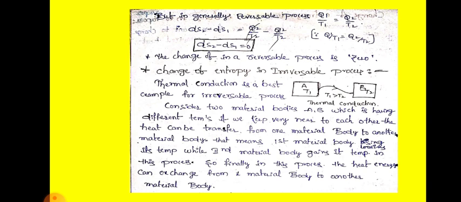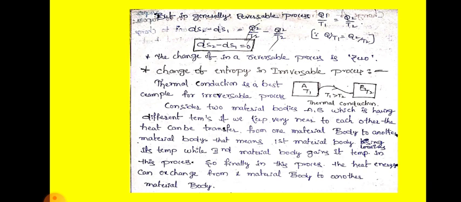Change of entropy in an irreversible process. Thermal conduction is the best example for an irreversible process. We can see the diagram. Consider two material bodies A and B, which have different temperatures. If we keep them very near to each other, heat can be transferred from one body to the other.